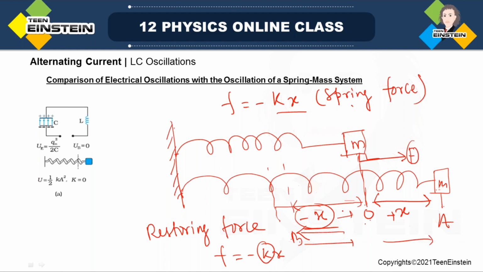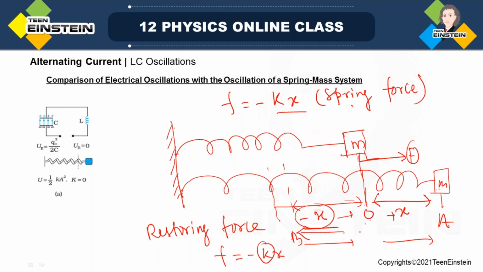If this is an ideal situation with no damping, this block will oscillate back and forth for infinite time, but in reality it will stop at some time because of various damping forces.